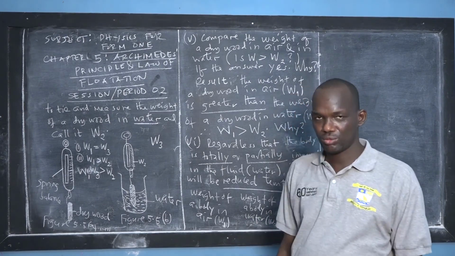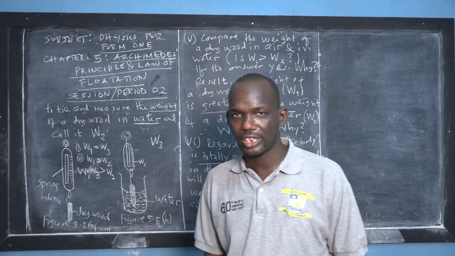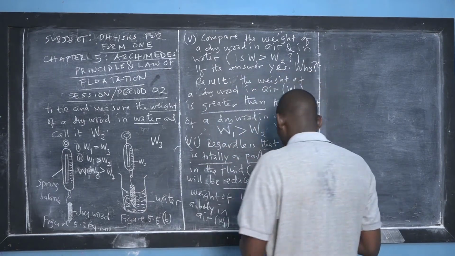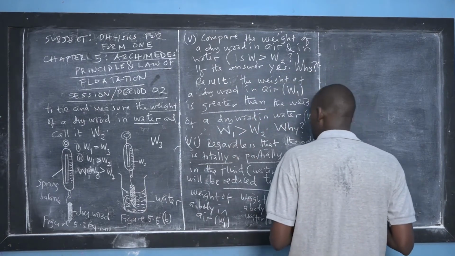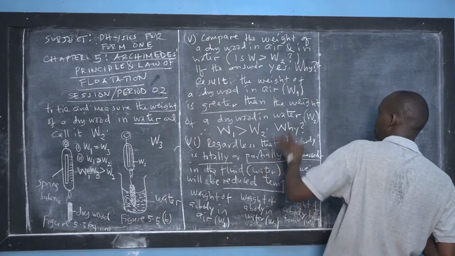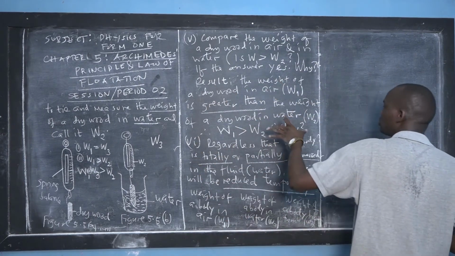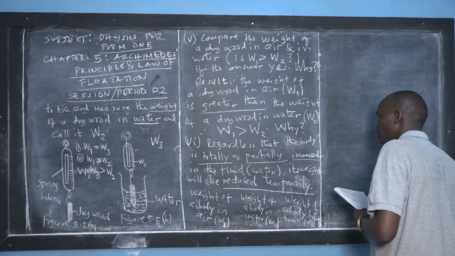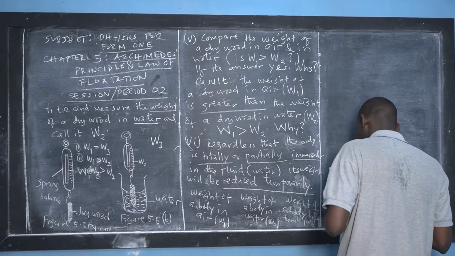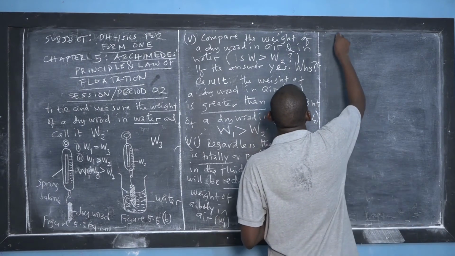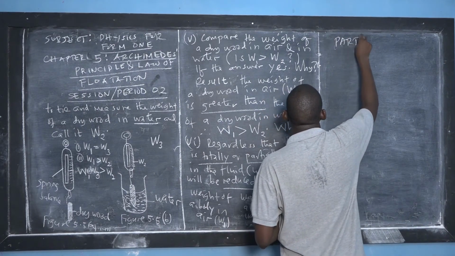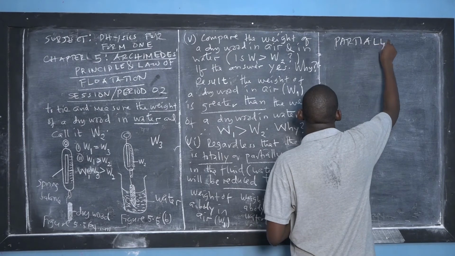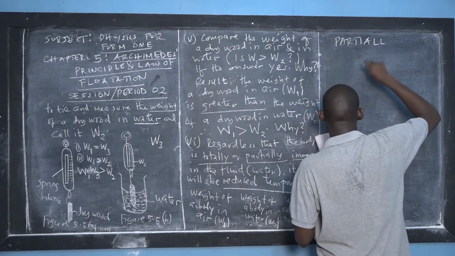What does it mean when you hear the words partially immersed or totally immersed? That's what I want to discuss before we come back to your quiz. What causes the weight of the body in air to be greater than the weight of the body in fluid? So let us discuss partially immersed.